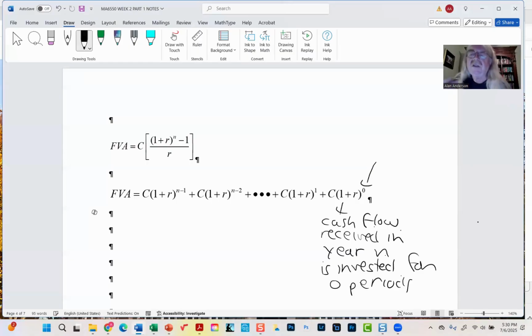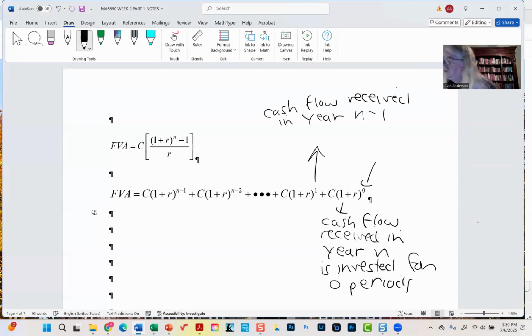So its future value is not just C, that you actually receive. This one is received in year N minus 1, which means it'll be invested for 1 year. And that's why this has an exponent of 1.